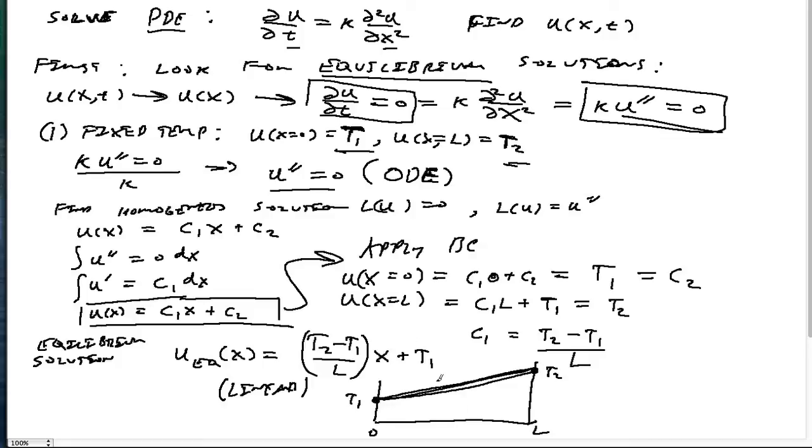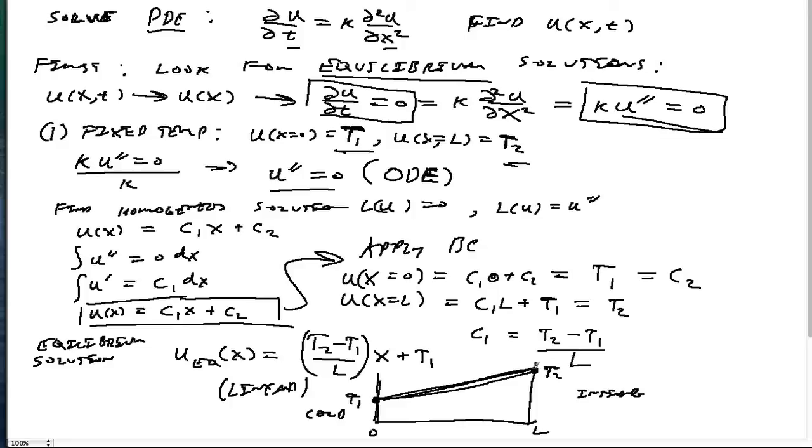So this is a good example of, perhaps, a model for the wall of a house, where in the wintertime it might be cold out here, and this is the inside, and the inside of the house is warm.